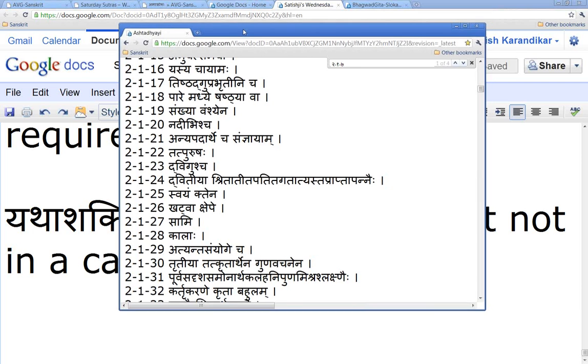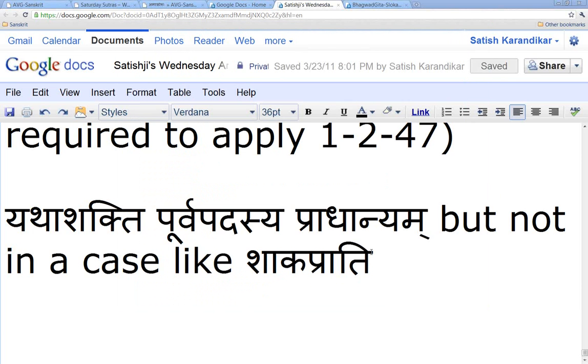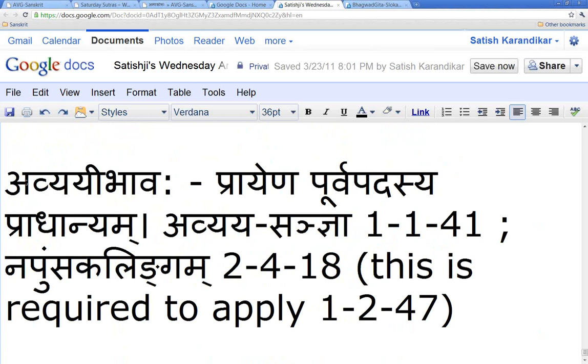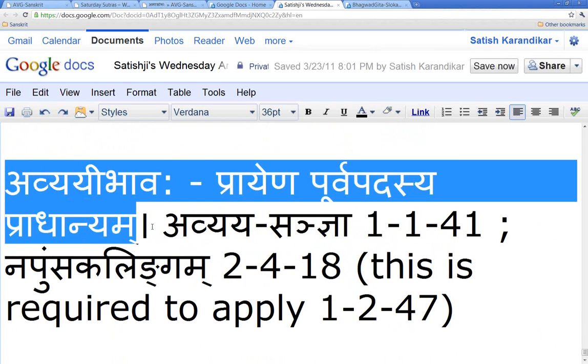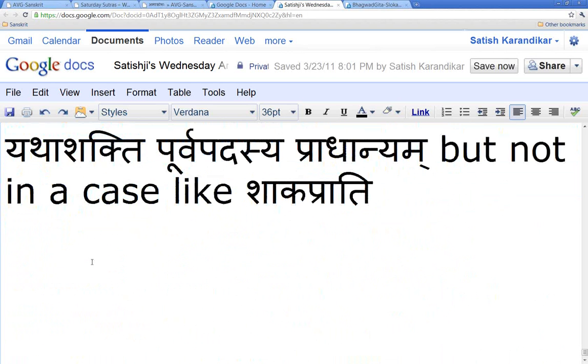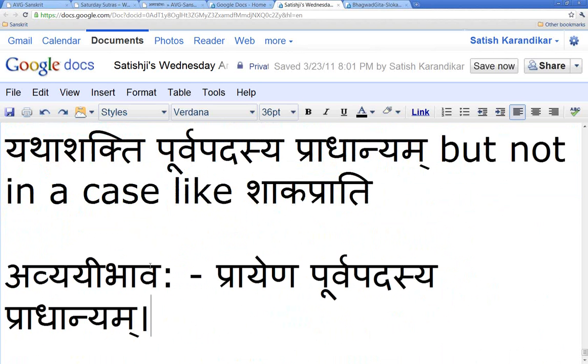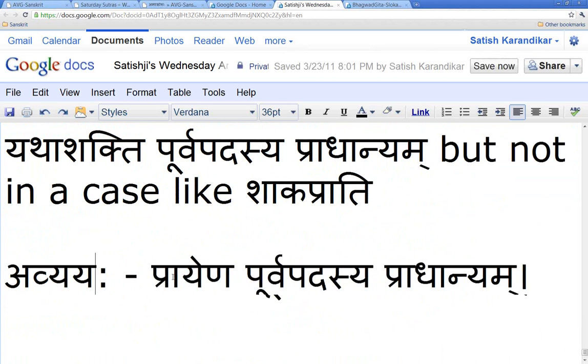So this is a very important concept, not only in Tatpurusha compounds but also in the Bahuvrihi compounds coming next, which is Anyapadasya Pradhanyam. Tatpurusha is Prayena Uttarapadasya. If you know some basic ideas without going into too much detail, you can start making good judgments about what these compounds should be.